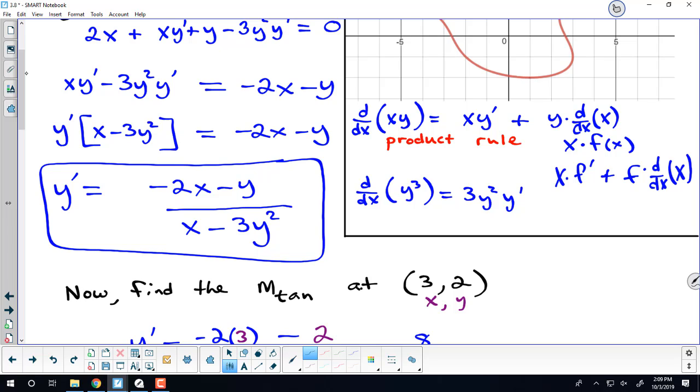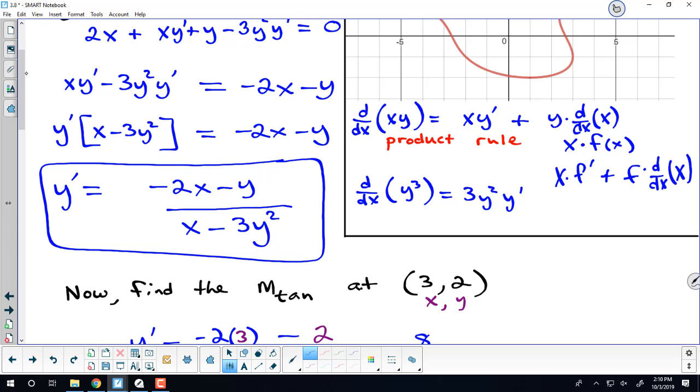So if I take the derivative with respect to x of f of x cubed, I'm not differentiating that equation with respect to y. If I differentiated that with respect to y, then that's just a power rule, because y is just y.